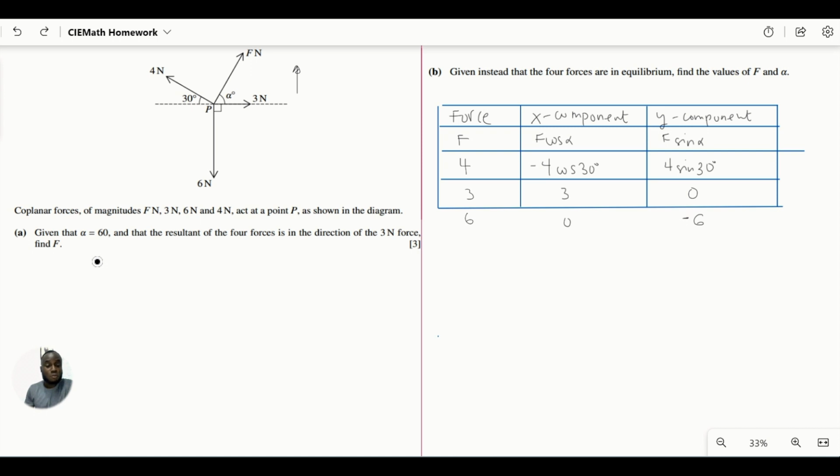Find that the net force has no component along y.